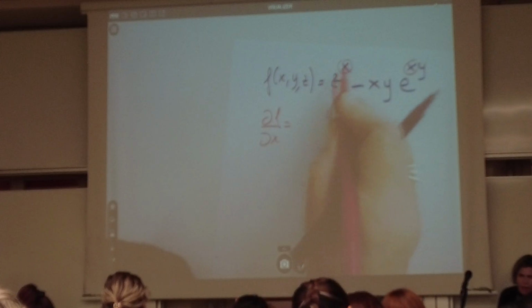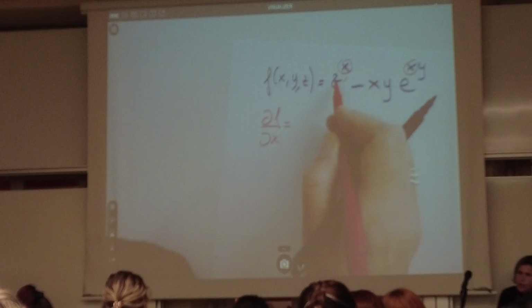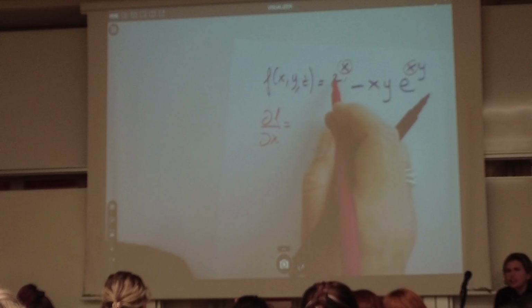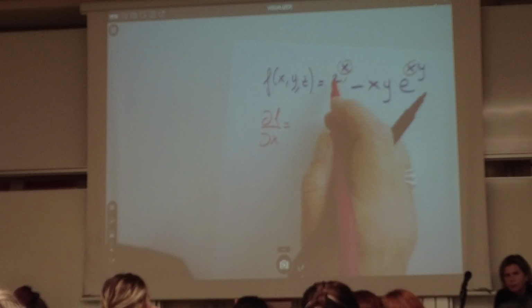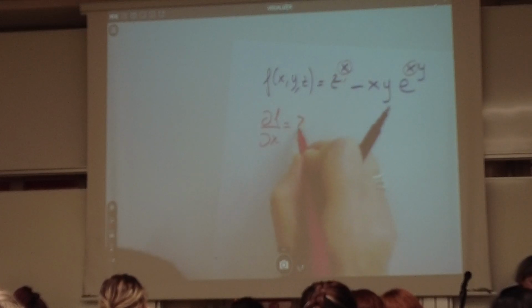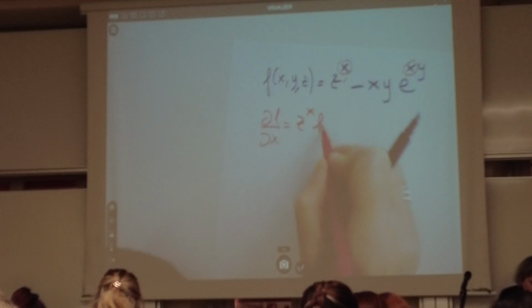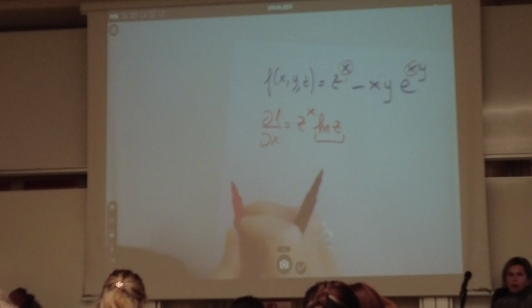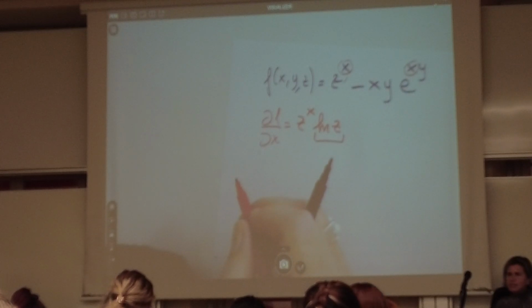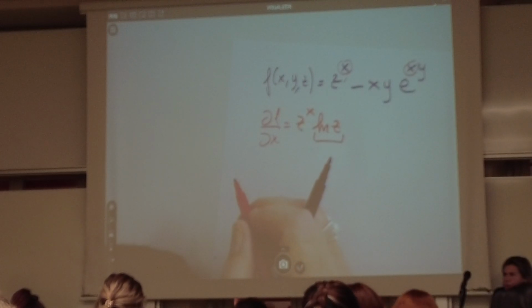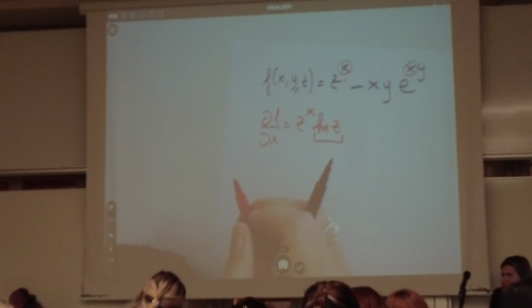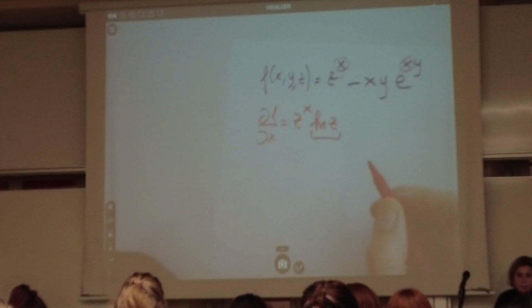So how can you derive the exponential function? You copy z with power x. Don't forget the log of the basis, because the basis is not e. You will derive an exponential function times the log of the basis.